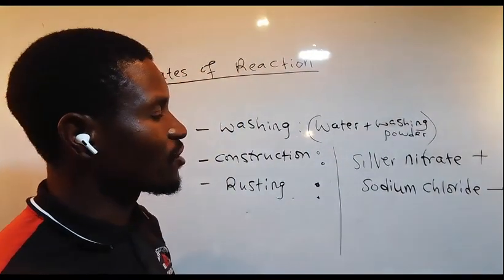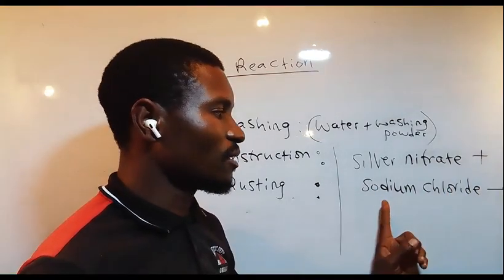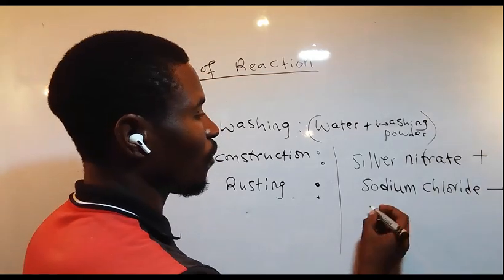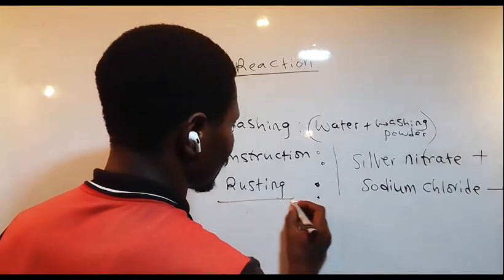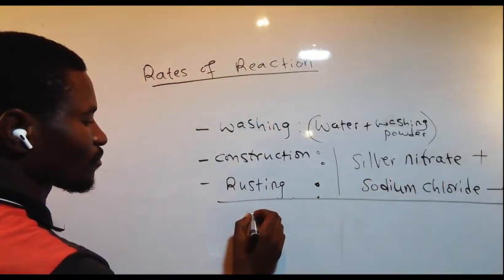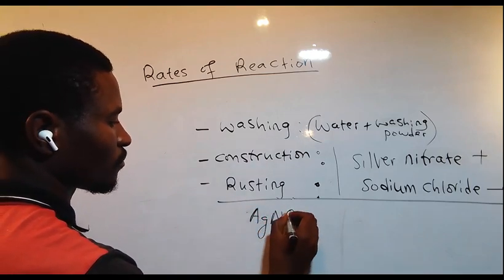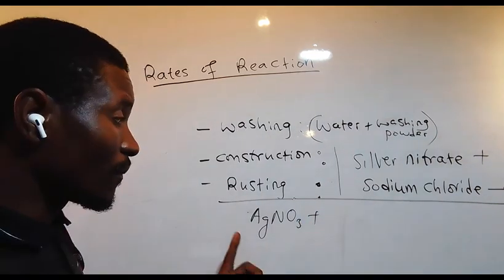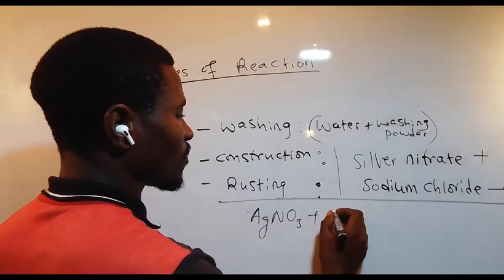So in this kind of reaction, you can look at silver nitrate and sodium chloride. So this is going to form... In a more chemical sense, you're looking at silver nitrate and then sodium chloride.